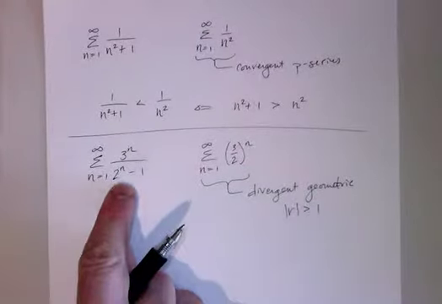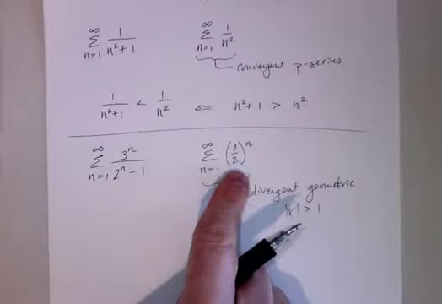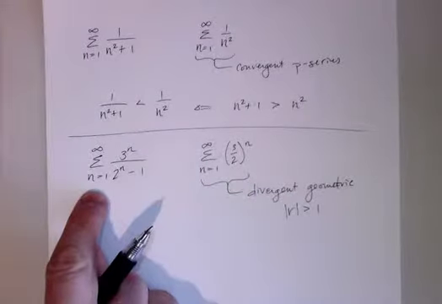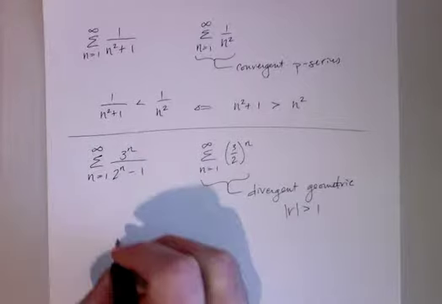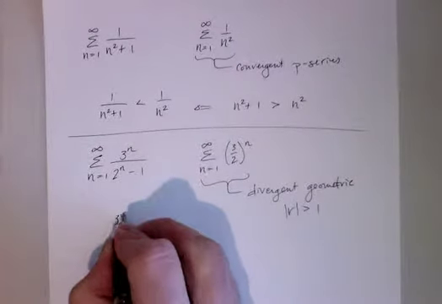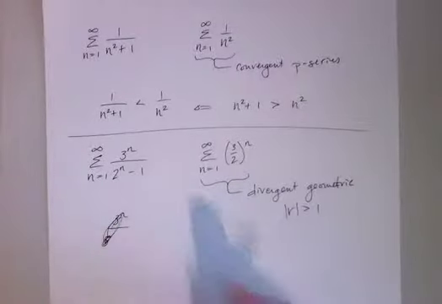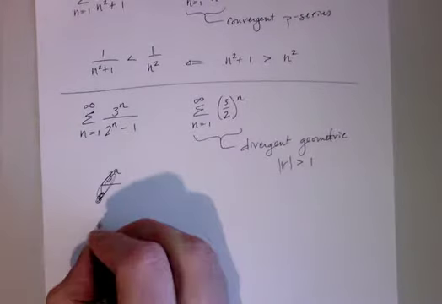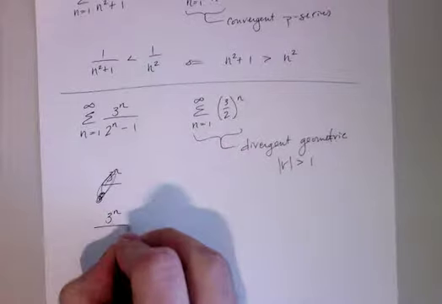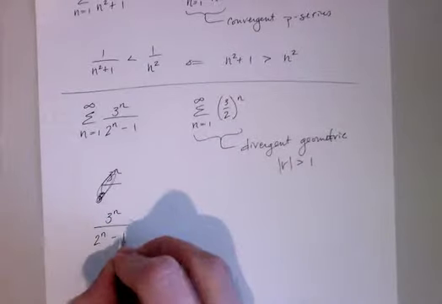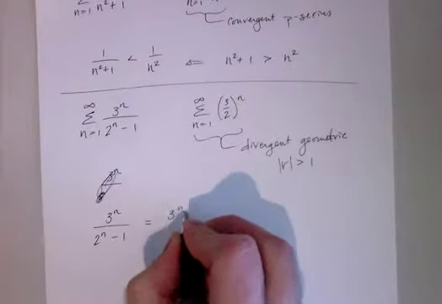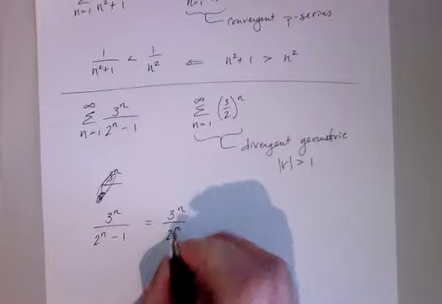Well, is this always larger than that for all n? And it is, because again, one way in which you make a ratio larger is to make its denominator smaller. And if you subtract 1, you are making the denominator smaller. Are these equal?